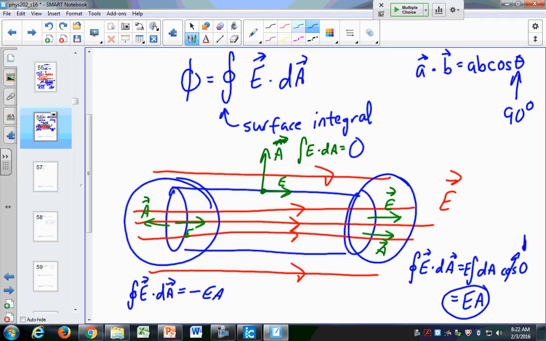And you can sort of see the number of field lines that go into the surface are equal to the number of field lines that go out of the Gaussian surface. But by breaking it into the three parts, we can show that the sum of all of those is equal to 0. So the total flux is going to be 0 plus EA plus negative EA, and that's equal to 0.